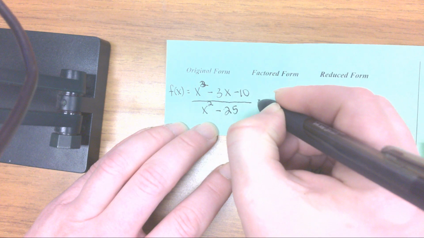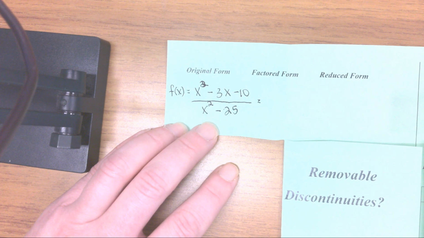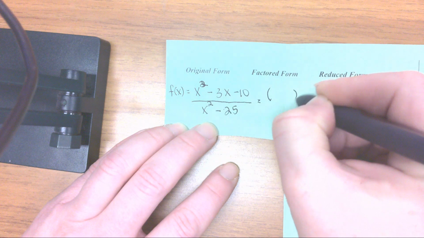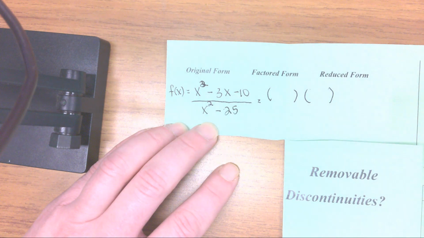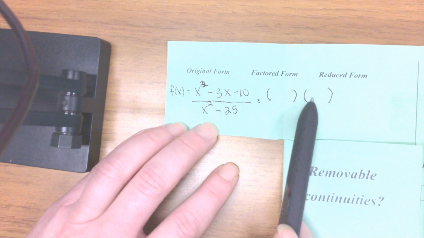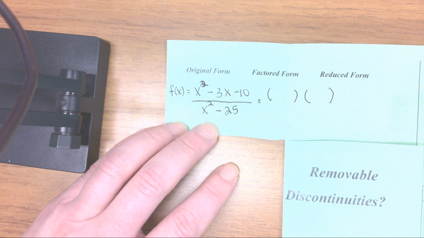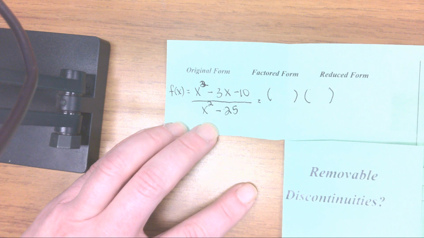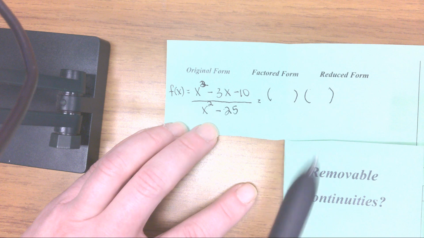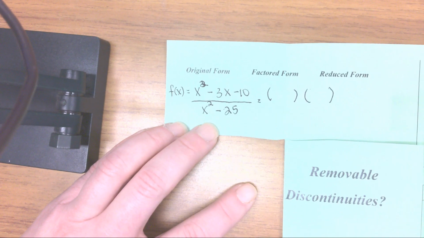At your tables, can you factor x squared minus 3x minus 10, please? Talk about it.